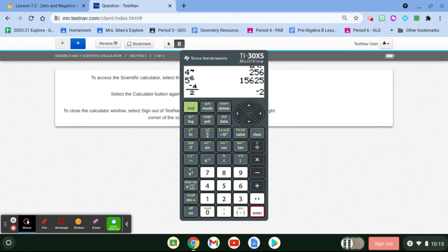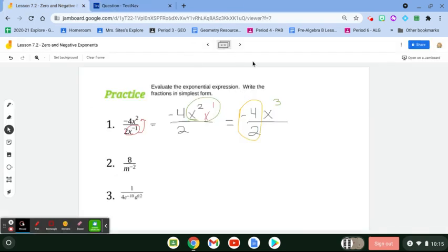So this problem will continue a little bit further. So you always want to double check the numbers in the problem and see if they simplify. So -4 over 2 simplifies to -2, and then I'm going to just write x to the third power. So there's the final answer for question number 1.